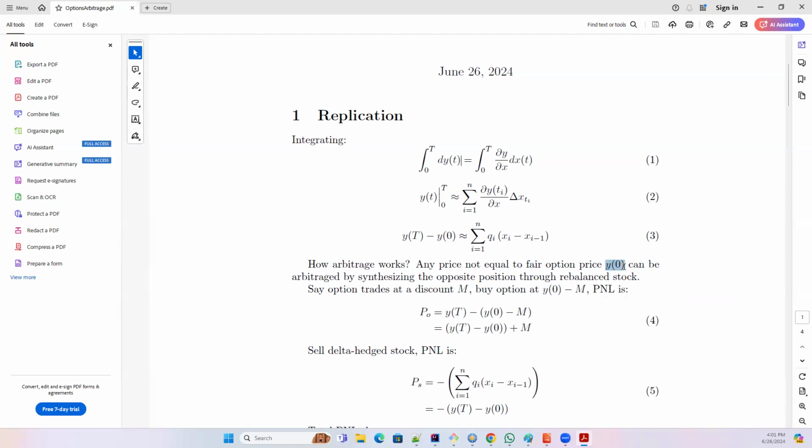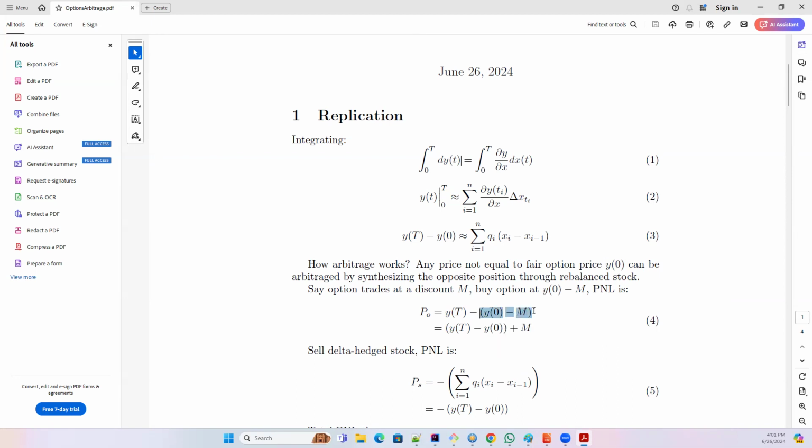Let's say Y0 should be $10, but you can buy the option at $9. So the margin is $1. So what do you do then? Then you buy the option. So you buy it at $9, not at 10. So you pay that much for it, so it's with minus here.